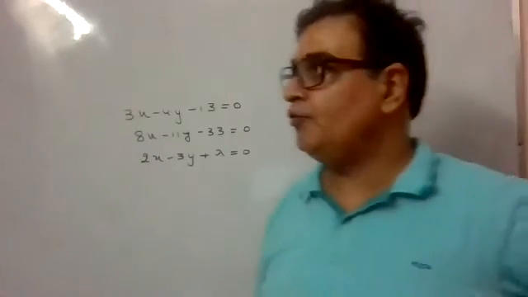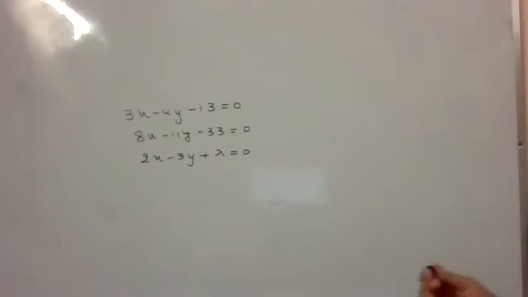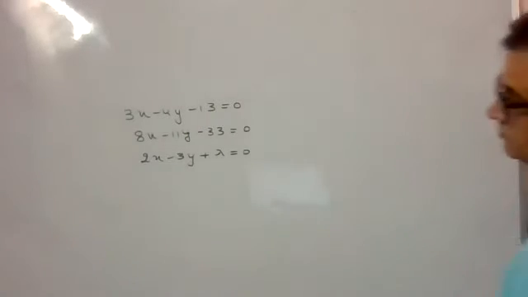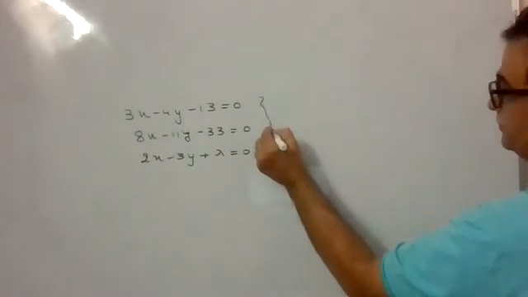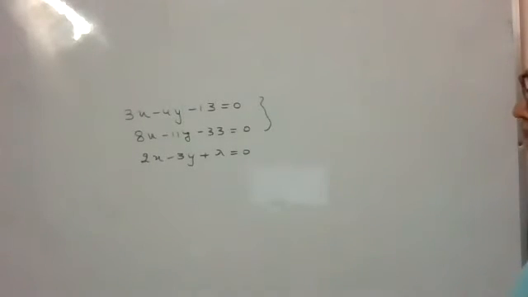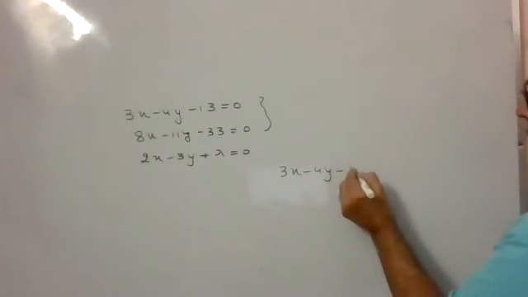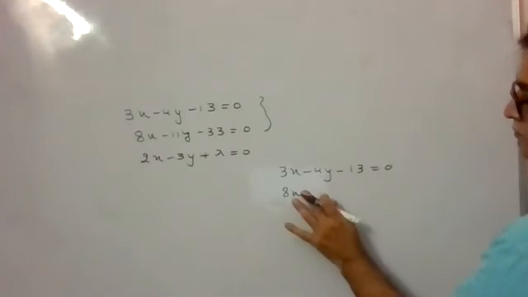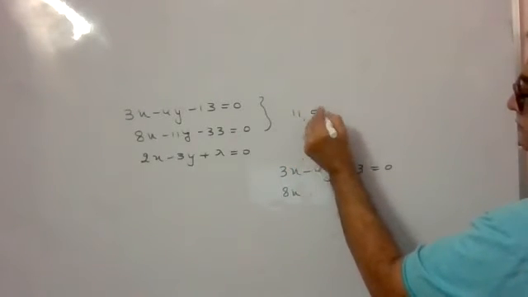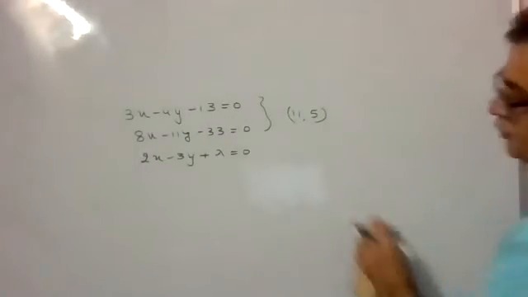What is the intersection of the first two? Sir, 11, 5. Yes, the intersection point is coming 11, 5 of these two.